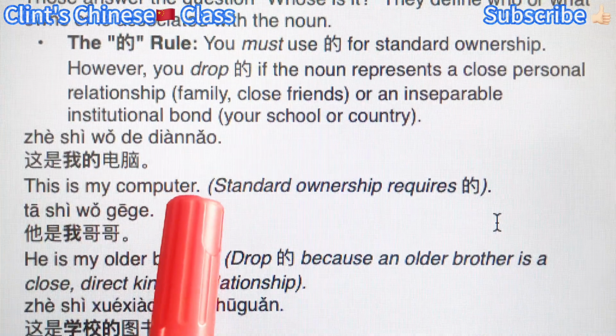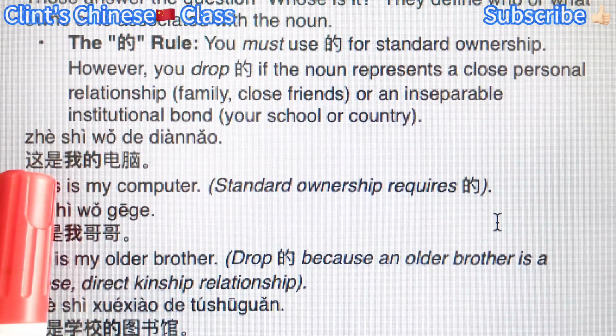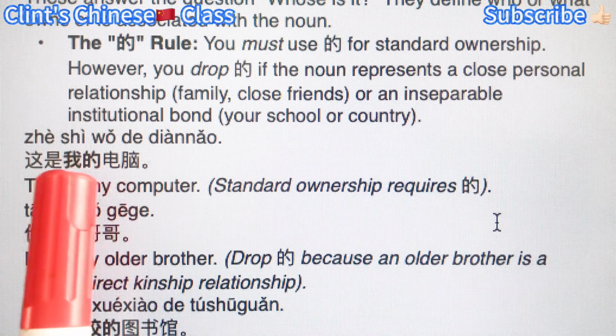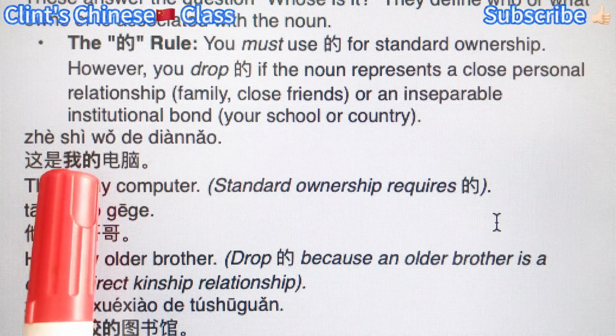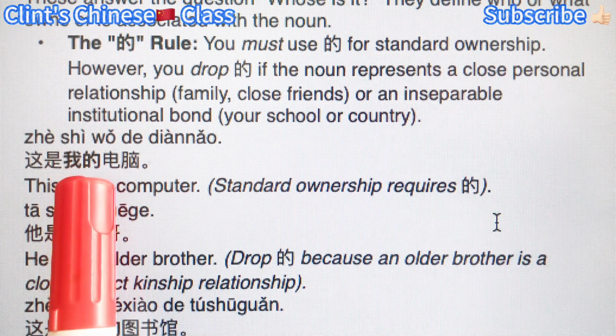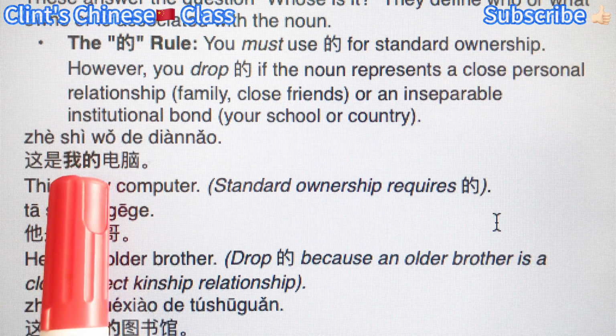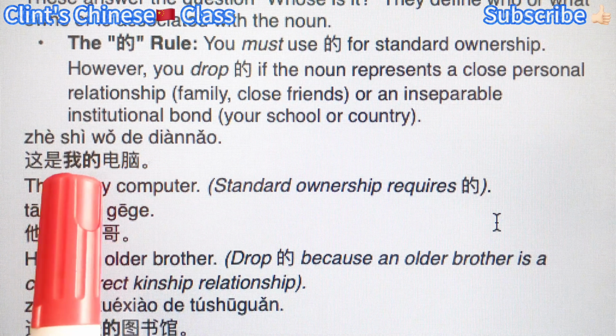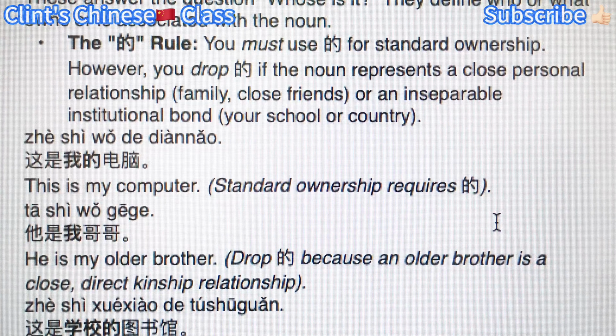This is my computer. 这是我的电脑. So here, 我的, 我 is a personal pronoun, and plus de, it becomes a possessive pronoun, right? And then modifies the 电脑, computer. All right, so this is the first type.